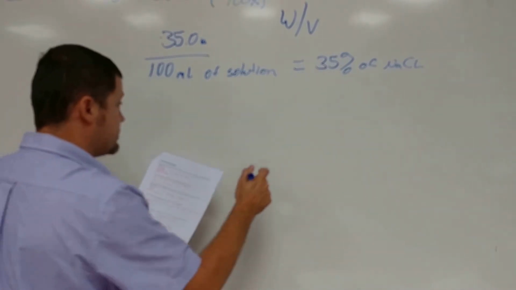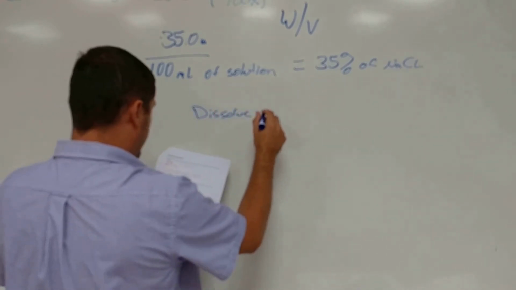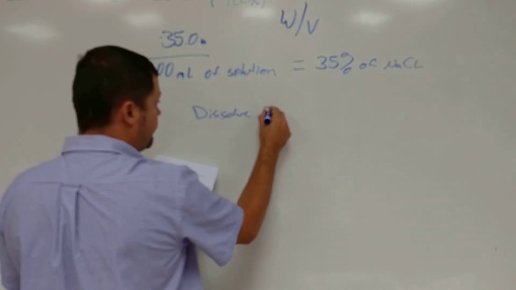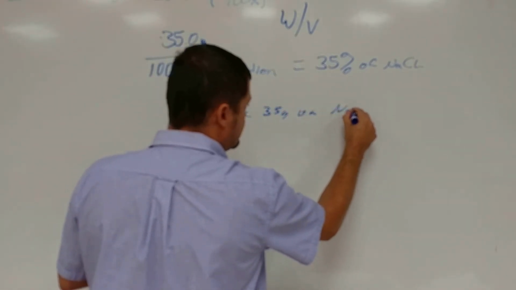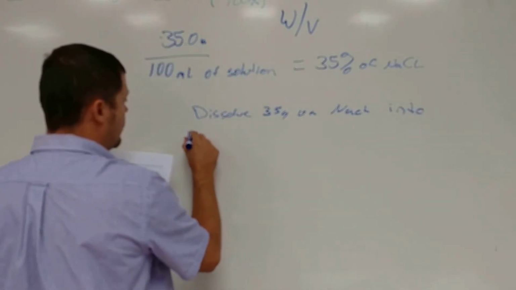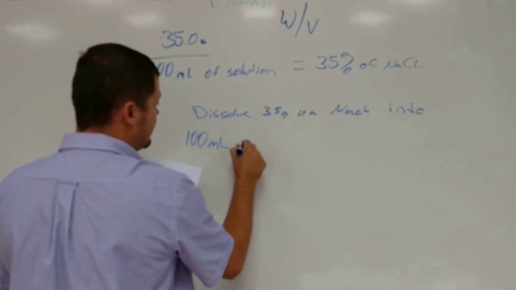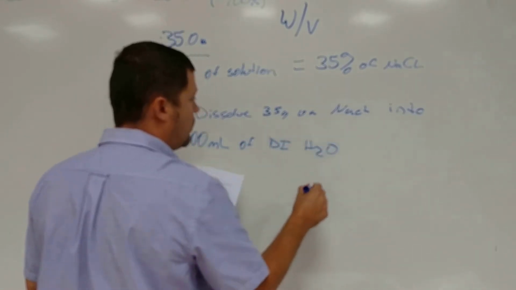So we're going to dissolve the 35 grams of NaCl into 100 milliliters of DI water.